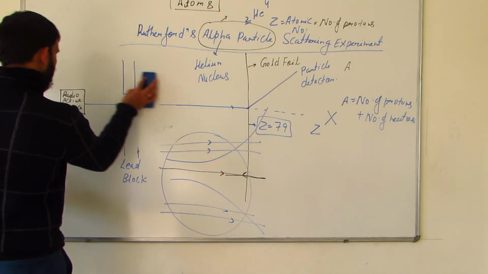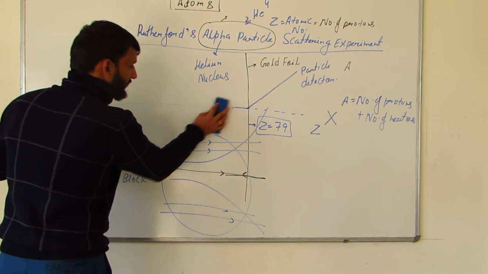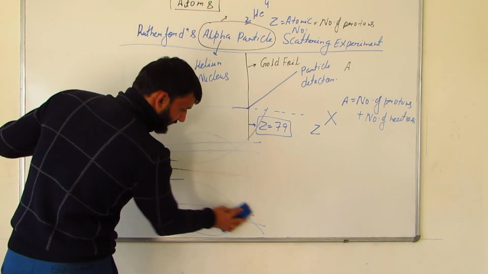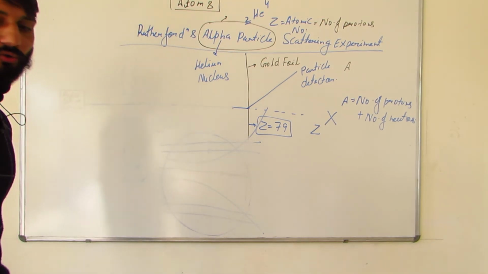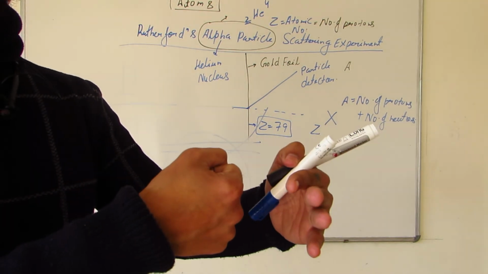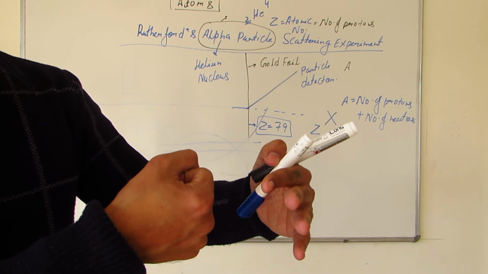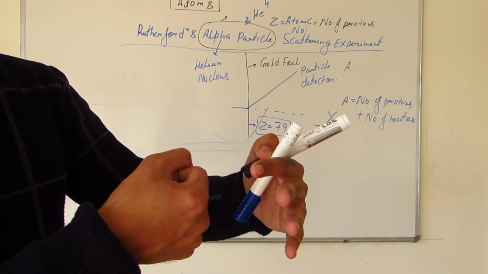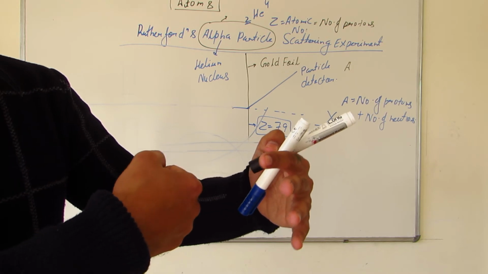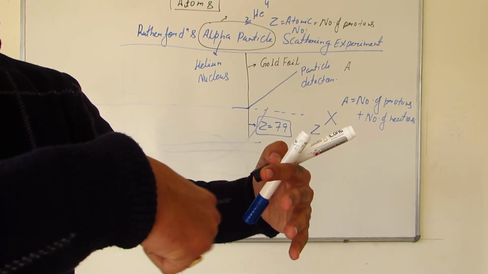Distance of closest approach. We have to figure it out, because it is quite evident that the alpha particle will not go very close and make any physical interaction. There is a force of repulsion, and because of that repulsion it will deviate well before, at some distance itself.